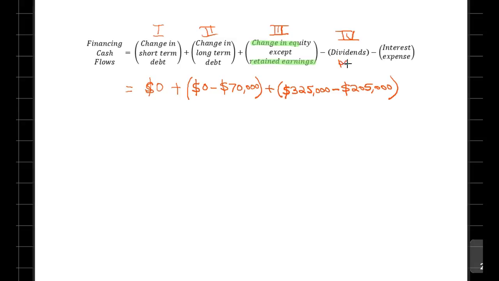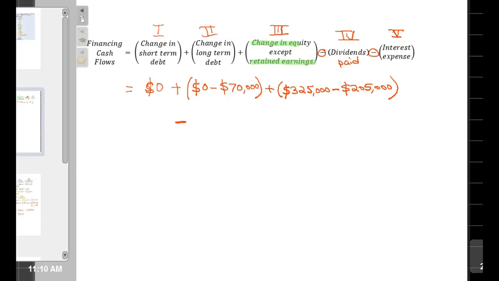Now we are at the fourth piece, dividends paid. Let's revise our formula to make sure it is dividends paid, and let me continue from the second row here. I will make sure not to forget to put the minus signs for dividends and interest expense. Interest expense would be our 5th item. Dividends first. For dividends, we need to look into our income statement.